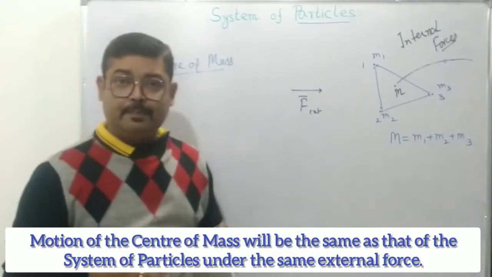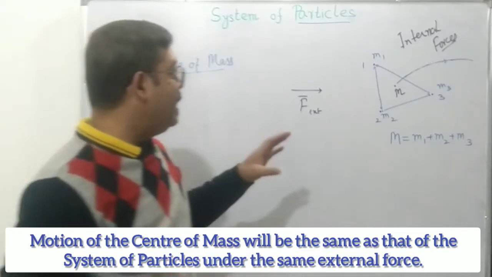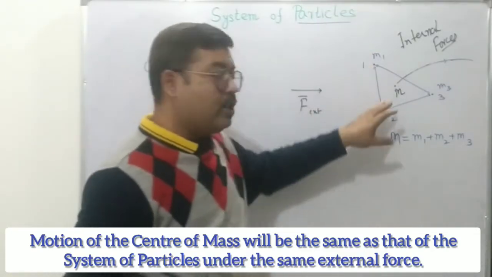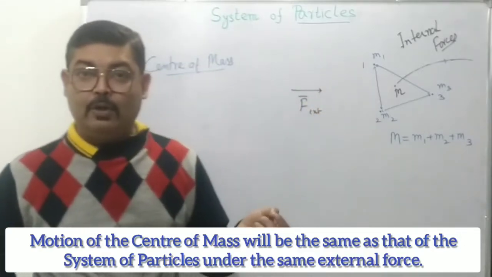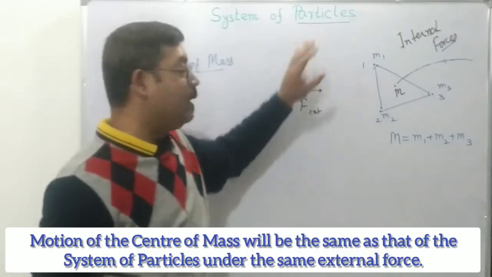Are we clear about this? So basically what we are saying is that the center of mass is the particle equivalent of the system of particles.